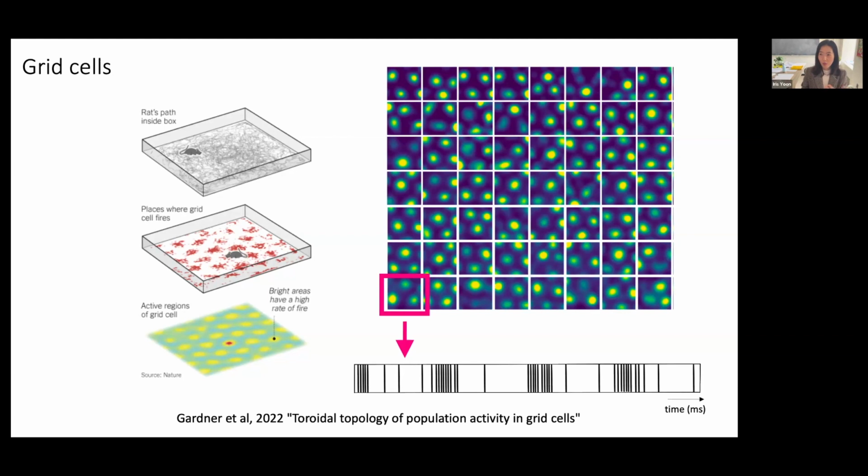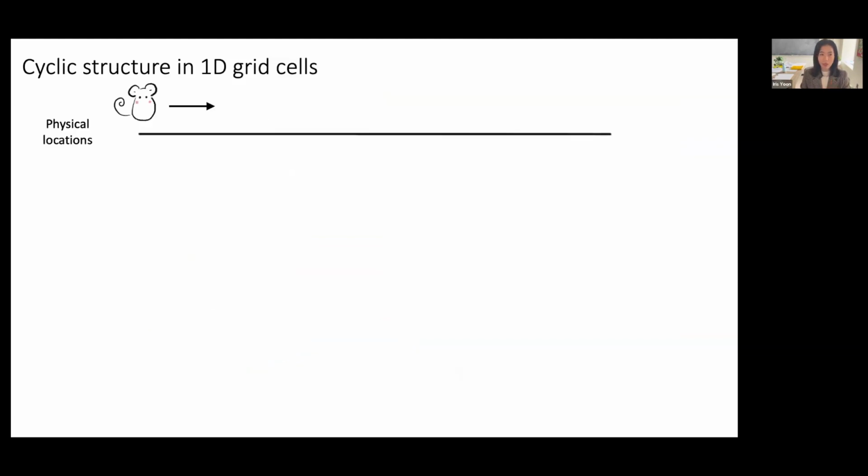So why is topology involved with these grid cells? To illustrate the idea, let me just go down a dimension for now, to one dimension. And let's think about what a one-dimensional grid cell would do. So let's assume that my mouse now lives on a one-dimensional line and is only allowed to move forward and backwards.